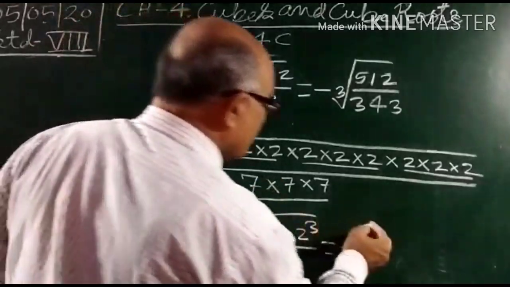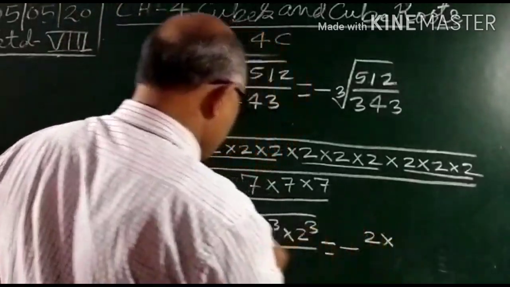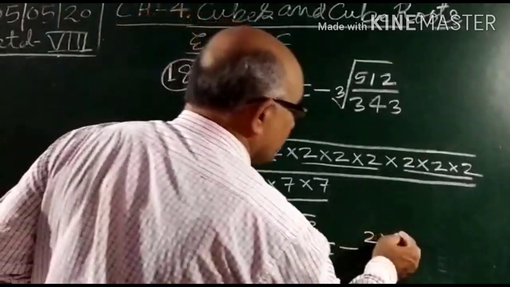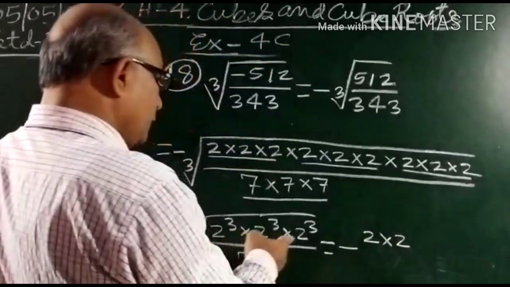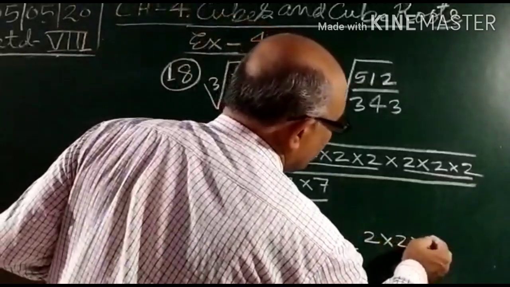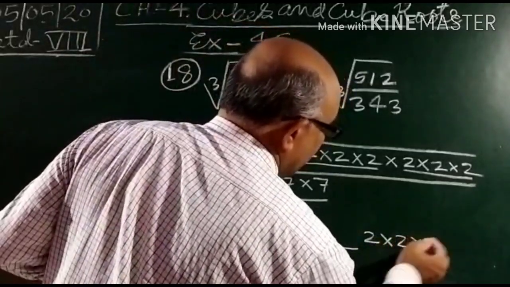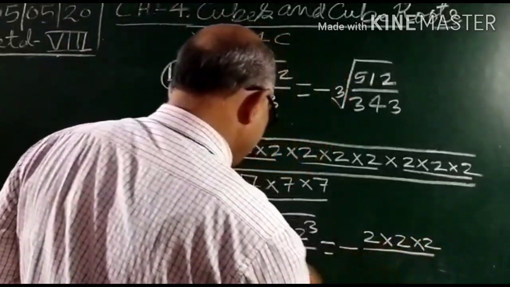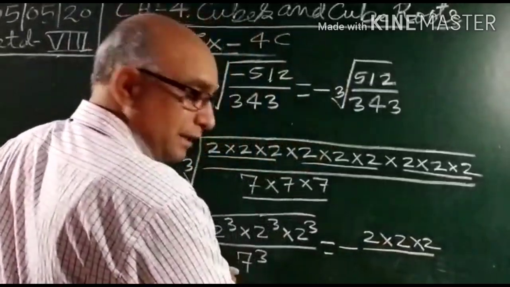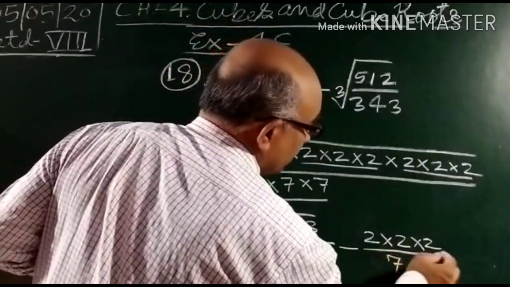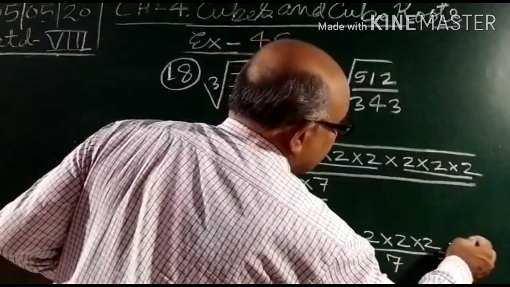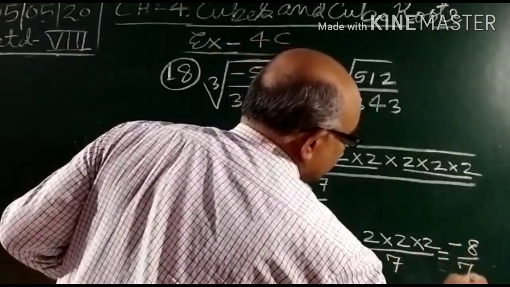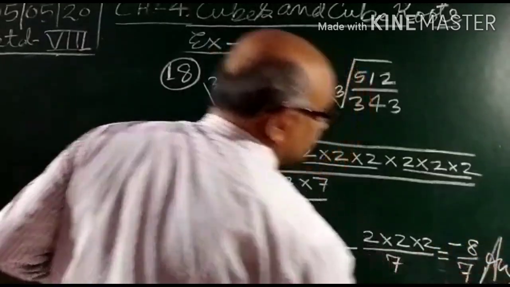Cube root of 2 cube equal to 2, and cube root of 2 cube equal to 2, and cube root of 2 cube equal to 2. So multiply it, and cube root of 7 cube is 7. So minus 8 by 7, answer.